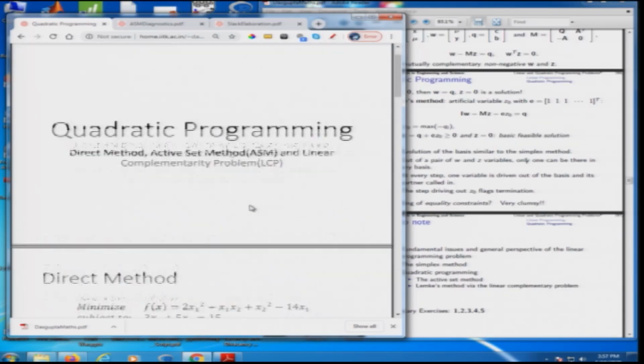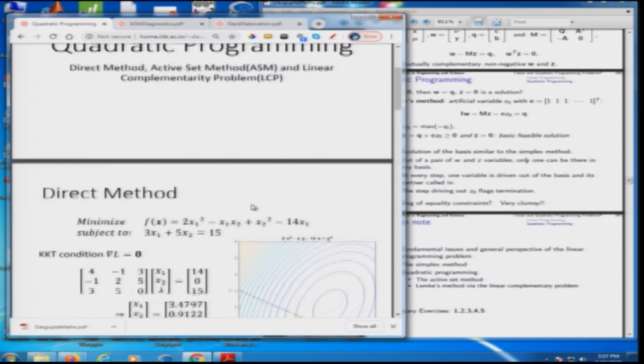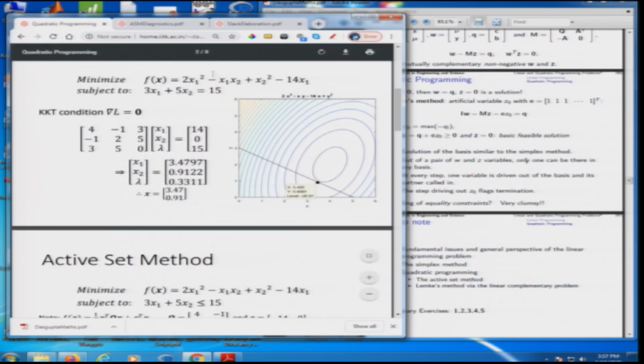Anyway, so in this particular case, we will take this problem. The direct method first, that means only equality constraint. So, consider this quadratic objective function and this single constraint. Well, single constraint only we will take, because the objective function itself is a function of two variables.